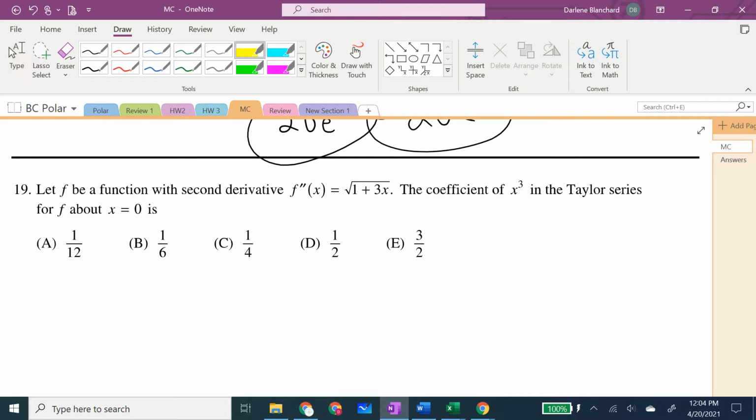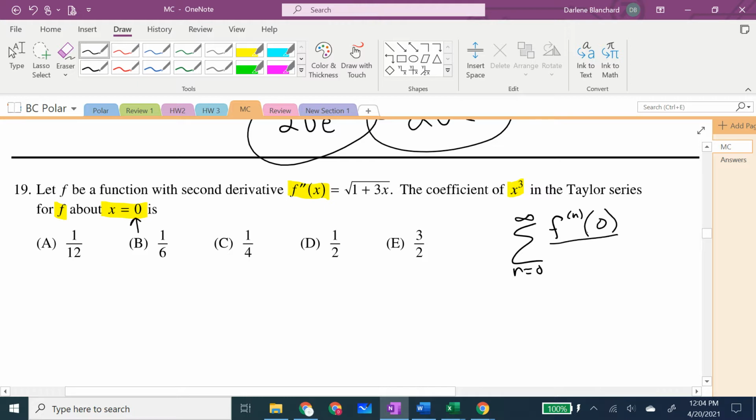All right. We are given f double prime as a function. Now, the coefficient of x cubed in the Taylor series for f about x equals 0 is what? So, let's remind ourselves. The entire Taylor series formula is the nth derivative at the center, which is 0, so that means it's actually a Maclaurin, divided by n factorial times x minus the center, but it's 0, to the n power.